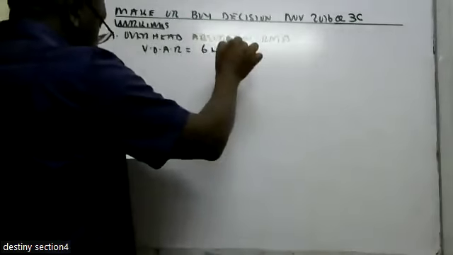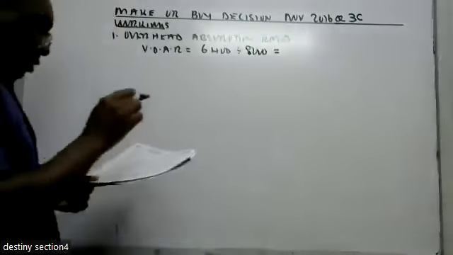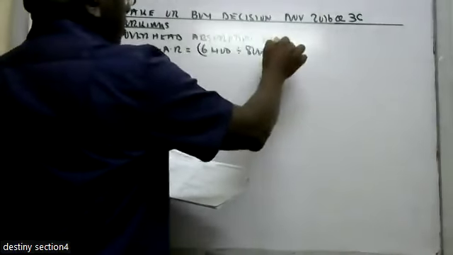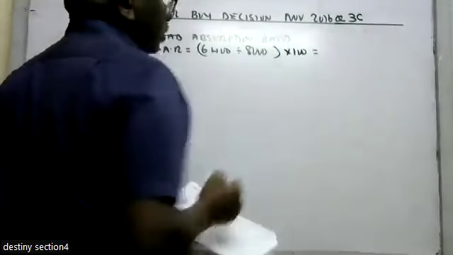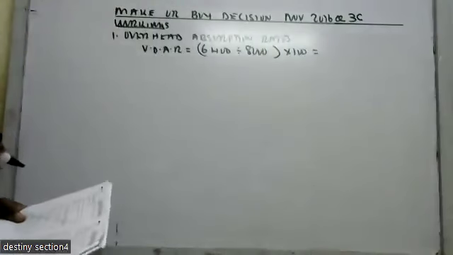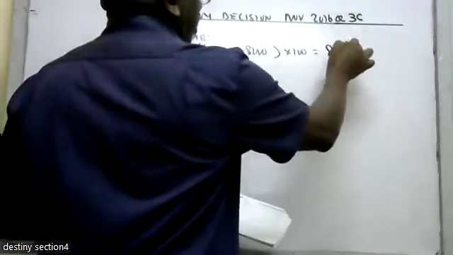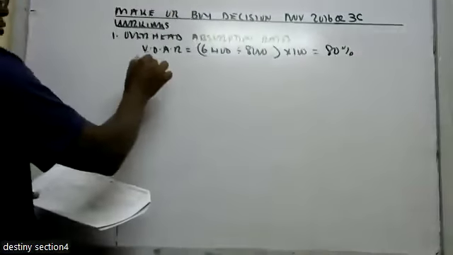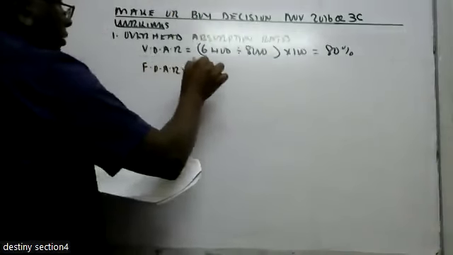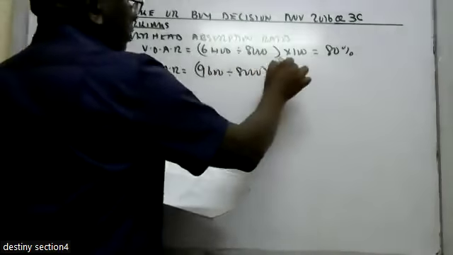You divide by the direct labor, which is 8,000. Or we can multiply by 100, because they have given it as a percentage. Then I have the fixed overhead absorption rate. It is 9,600. You divide by 8,000 times 100.